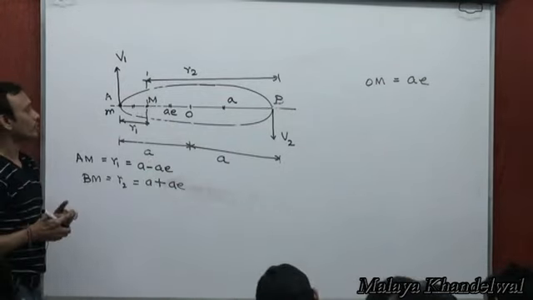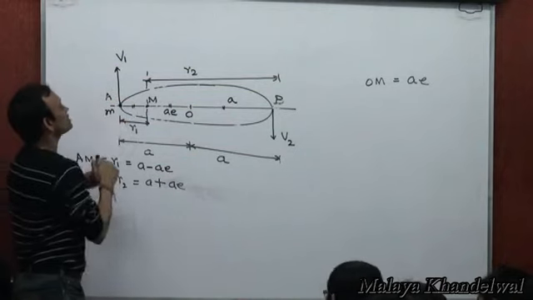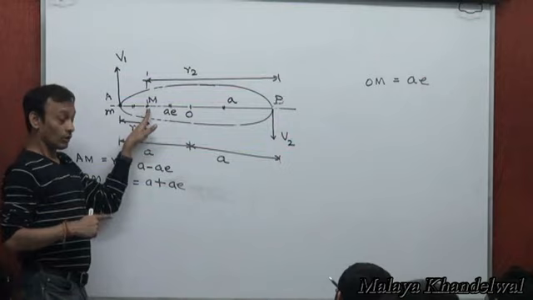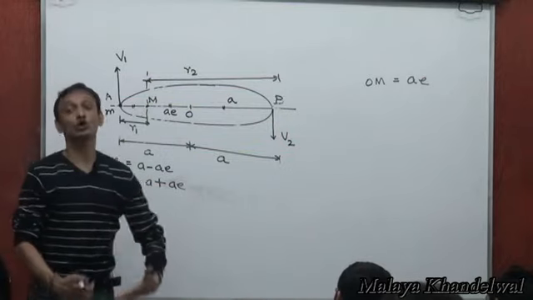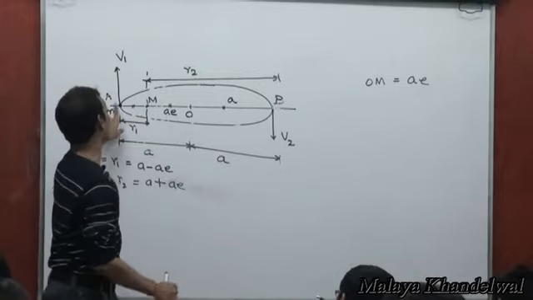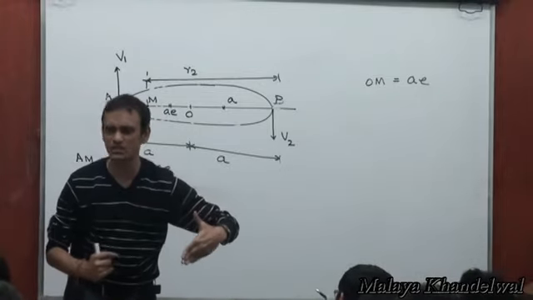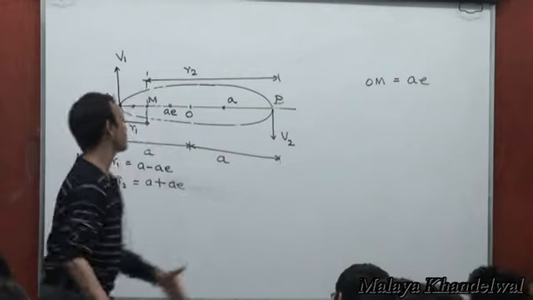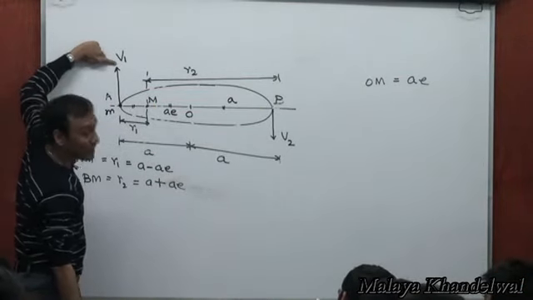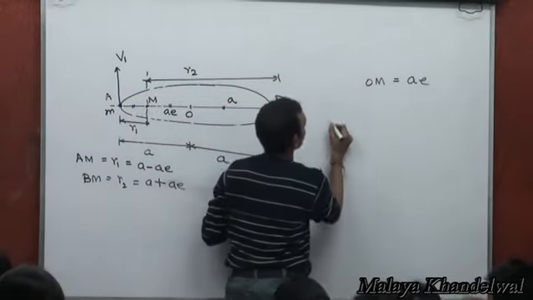Now, since this mass m is moving solely under the gravitating influence of capital M, which is producing a conservative force field, the total energy of the mass small m in this field, kinetic plus potential, must remain preserved, right? At A, the kinetic energy is half m v1 squared.